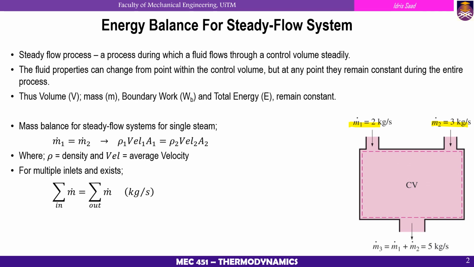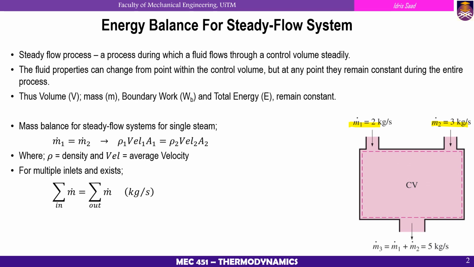Combining the definition of the steady flow process, which is that the mass flow rate at any particular inlet to an open system must remain constant, together with the definition of the control volume that the volume must be fixed, then we can define what we call the mass balance for a steady flow system.